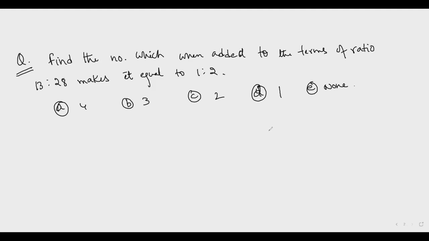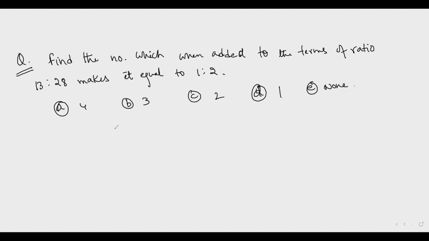Option number C. Okay, let's see. Option number C means 2 in height, right? So then we have to check now.